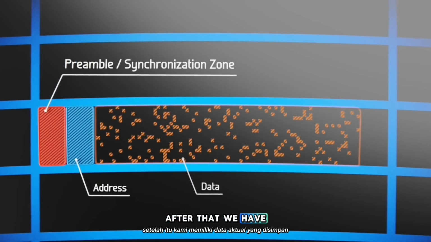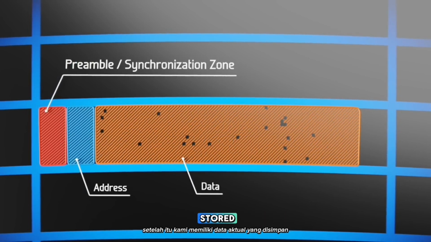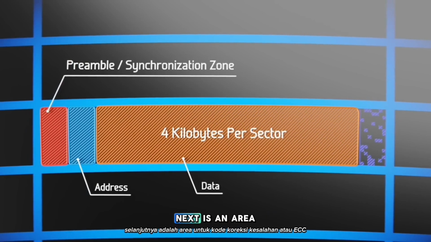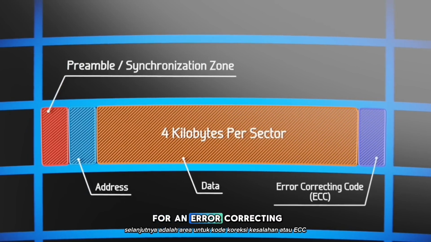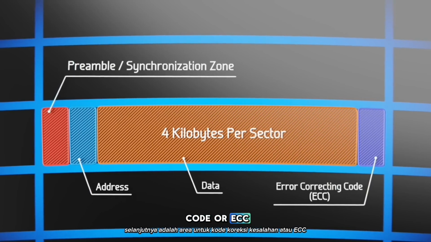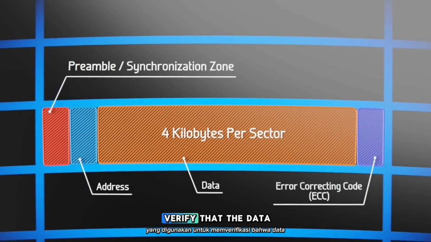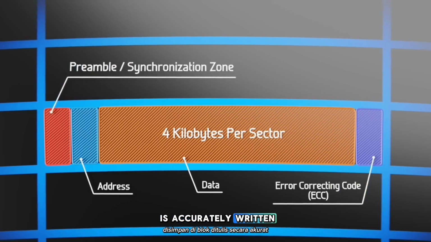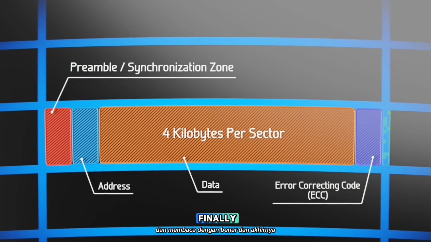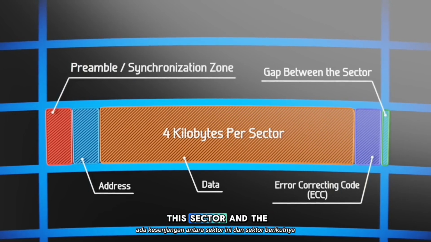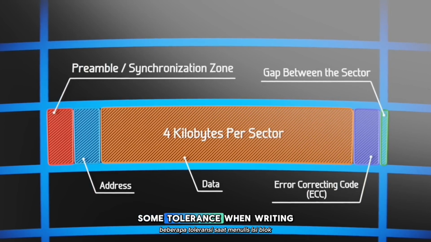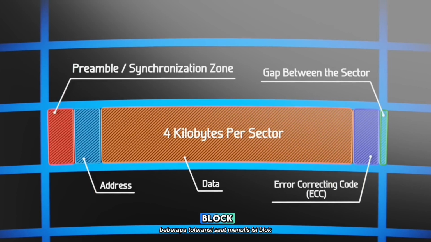After that, we have the actual data that's stored, typically 4 kilobytes of data per sector. Next is an area for an error correcting code, or ECC, which is used to verify that the data stored in the block is accurately written and properly read. And finally, there's a gap between this sector and the next, which allows the read-write head some tolerance when reading the contents of a block.